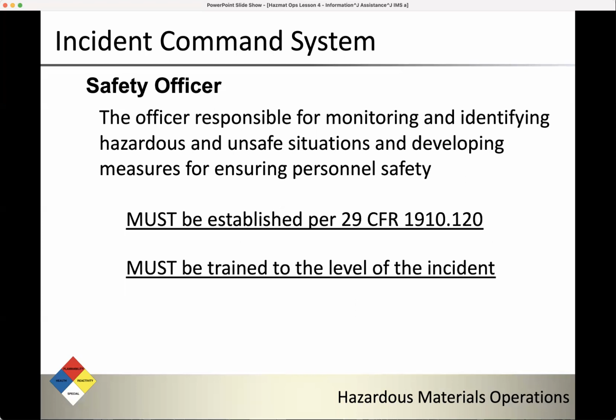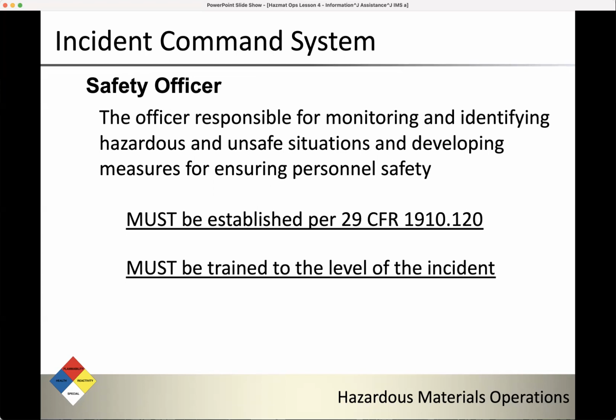So that's command. Let's talk about safety officer. The safety officer is responsible for monitoring and identifying hazardous and unsafe situations and developing measures for ensuring personnel safety. Two things to think about, two things underlined there.